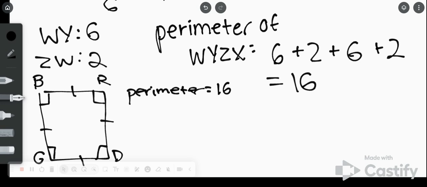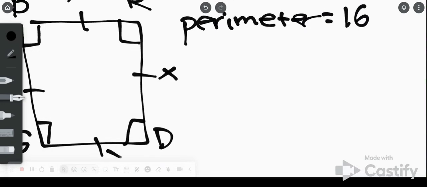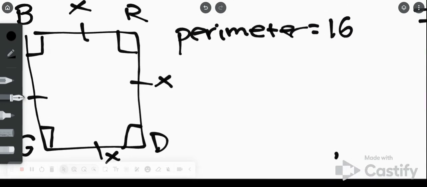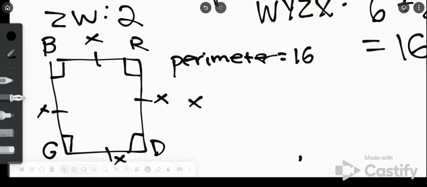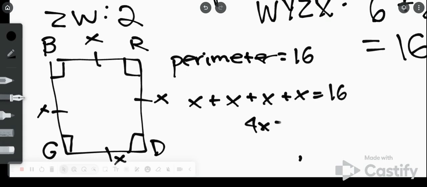So to find this, we can call each side length x, and then we can add up all the sides, so x plus x plus x plus x, to equal the perimeter. 4 x's would equal 4x.